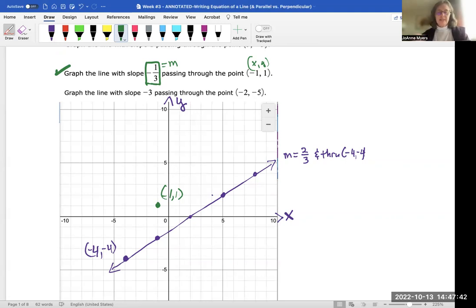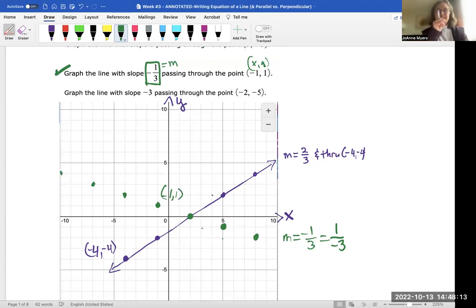Now my slope, -1/3. If my slope is -1/3, I can also write that as +1 divided by -3. So I can go down 1 and over 3, down 1 and over 3, or I can go up 1 to the left 3, up 1, -3, up 1, -3.